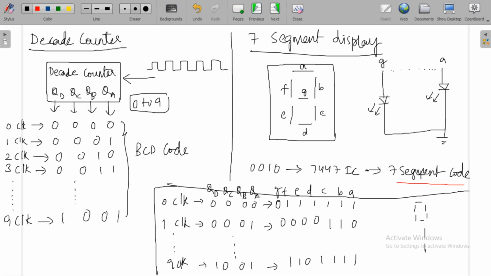This 7 segment code will make all LEDs glow except this LED. So it displays 9 like this. Decimal number will be displayed on 7 segment display by turning on all LEDs except this LED.